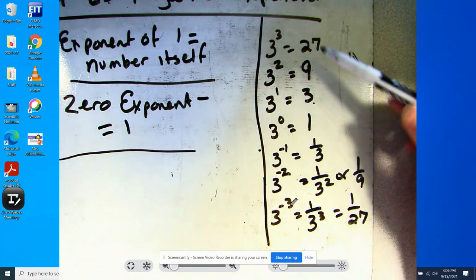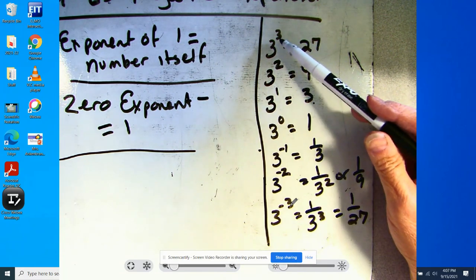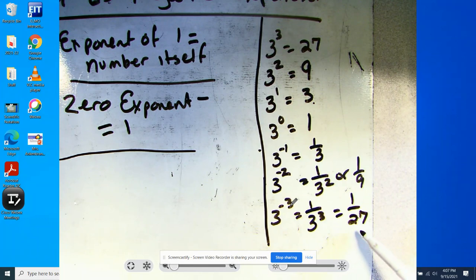So I want you to notice when the exponents are positive, we get a whole number. When the exponents are negative, we get a fraction. So the exponent is the same number, it just becomes a fraction.